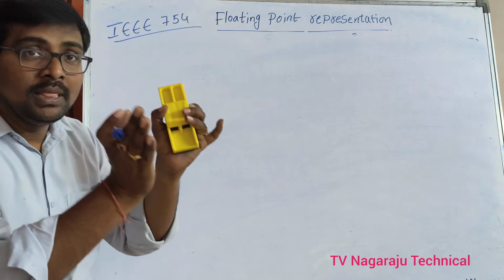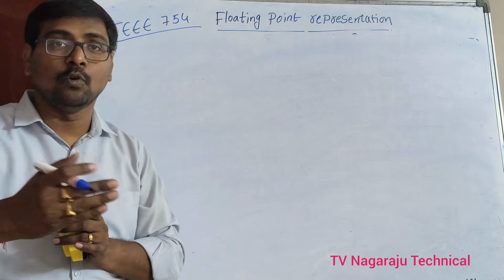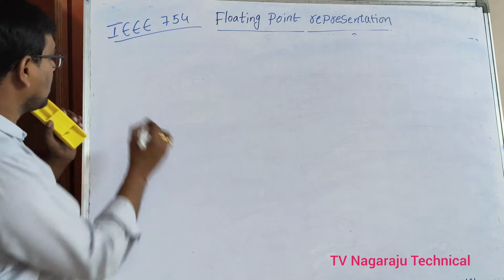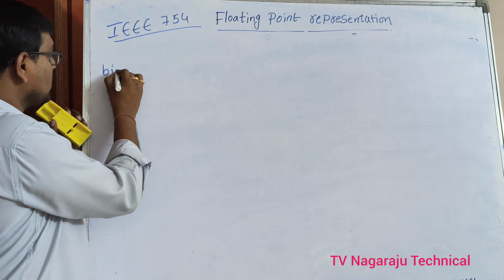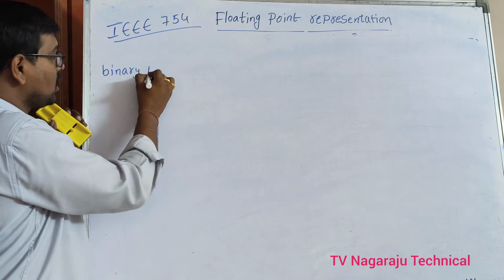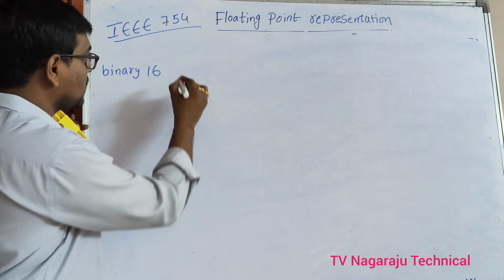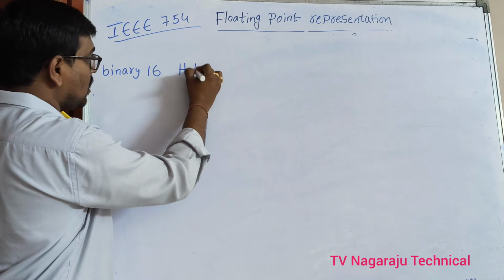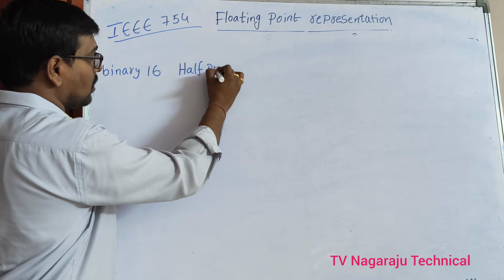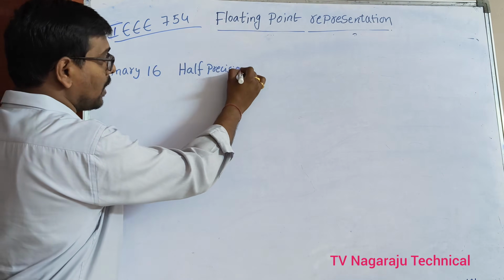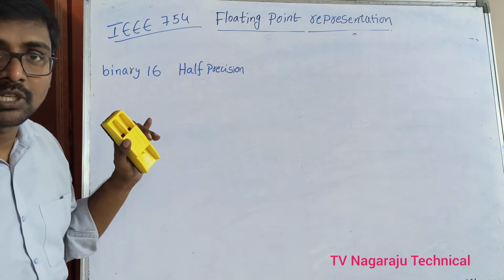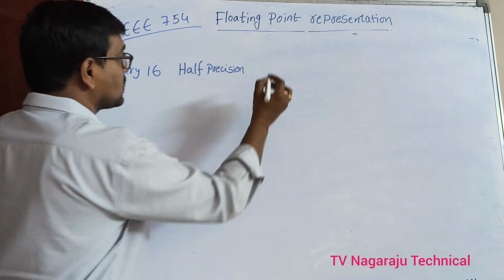In IEEE 754, different variations are there. The first one is the binary 16 representation, which is called half precision. Anyway, right now we are not using it, but we will discuss it.